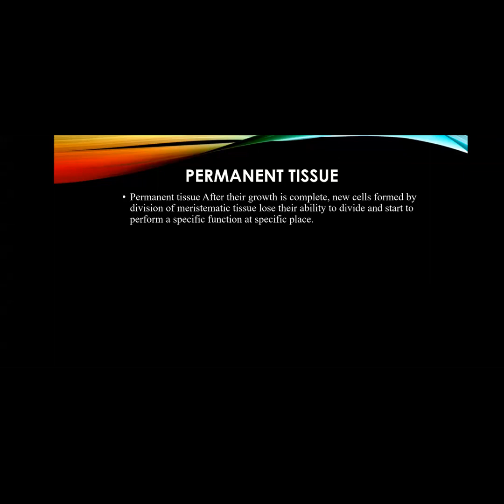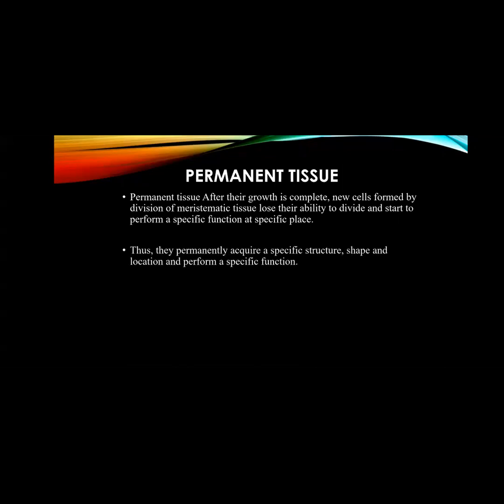So, permanent tissues, after their growth is complete, cannot form new cells. They lose their ability to divide, but they start performing a specific function and they occupy a specific place in the plant.